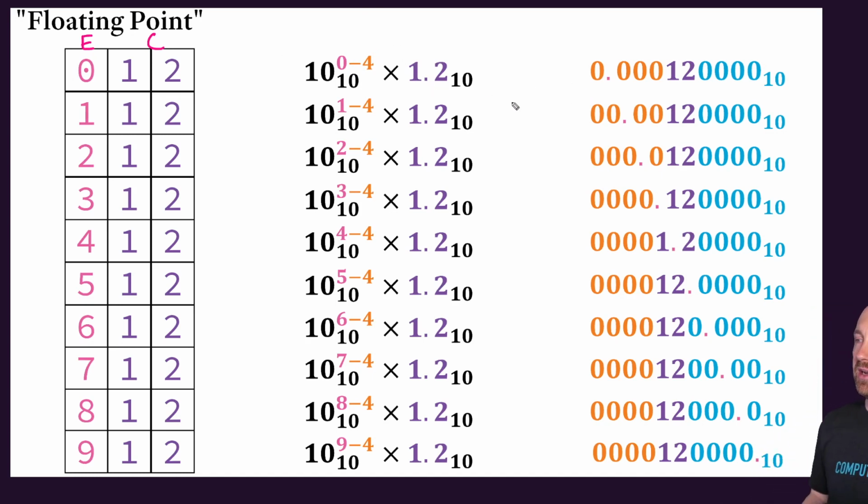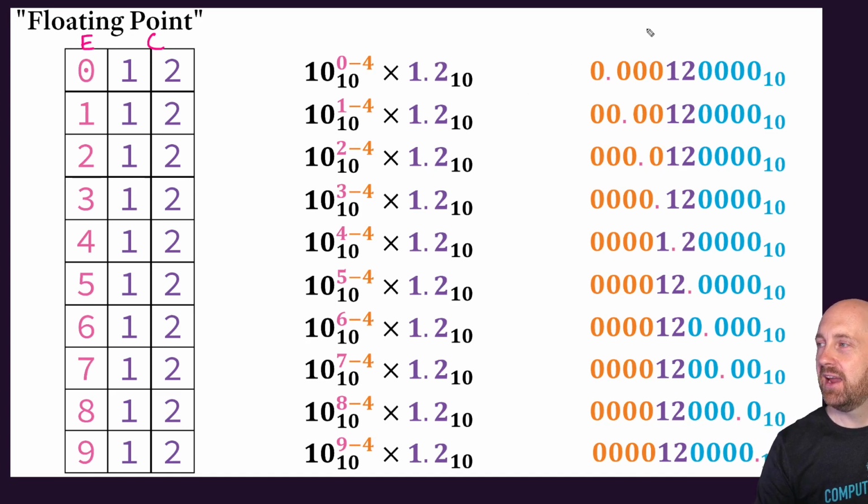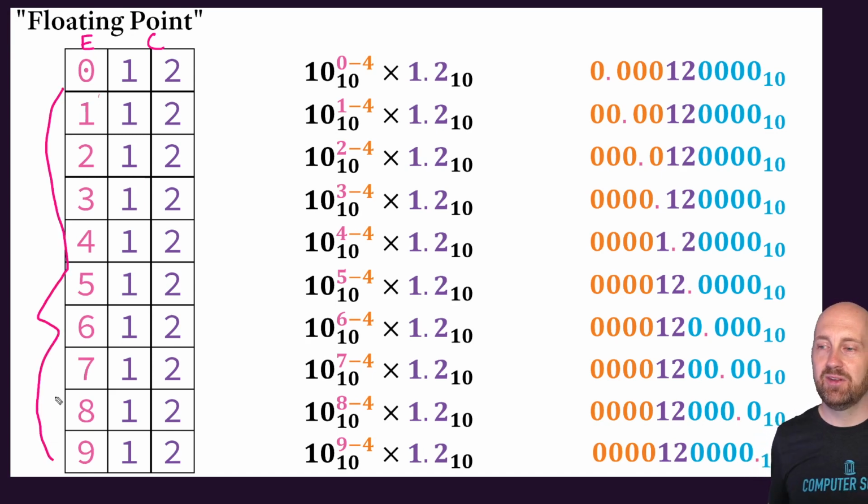And look at what's going on. We're saying, okay, by having an exponent of 0, which is biased to be negative 4, this allows us to represent numbers very close to 0, or much closer to 0 than we could otherwise. And each time we increase our exponent, so what this table is showing us is what is the ramification or the result of increasing our exponent digit one at a time.